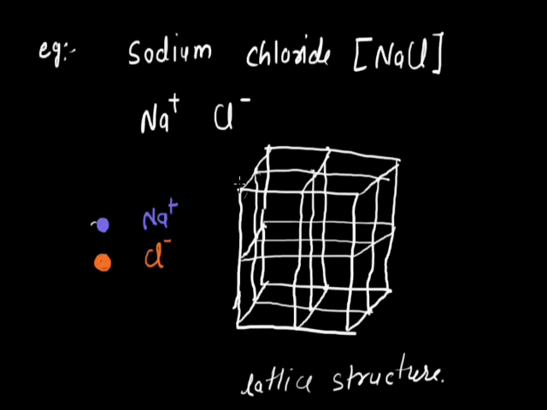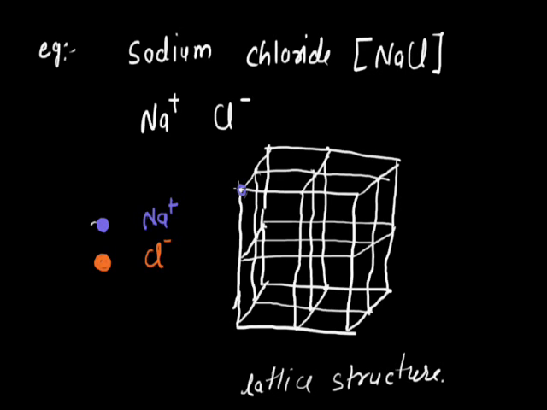Firstly, we put Na plus ions in this cube. Na plus ions are present on the corners of the cube.